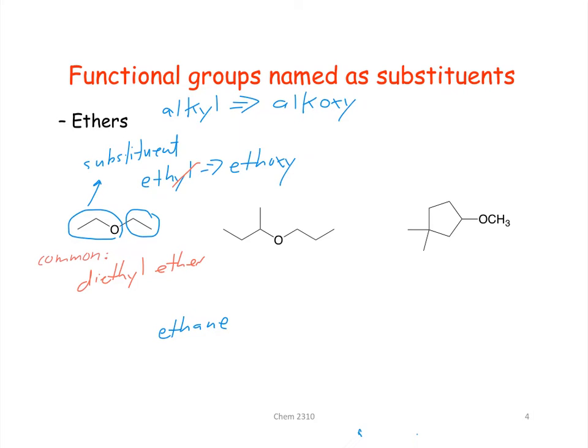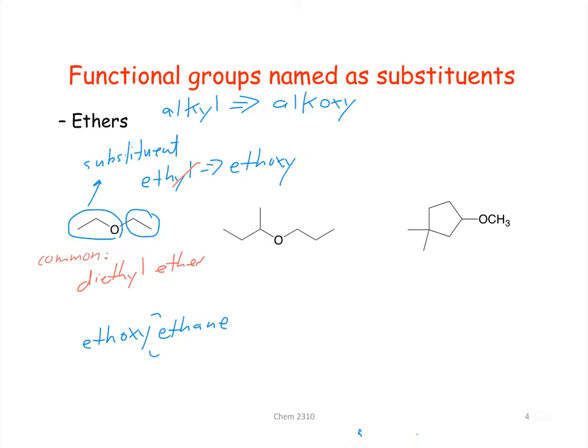So it could be a methoxy, ethoxy, butoxy, something like that. All right, so this one is going to be an ethoxy. And since ethane only has 2 carbons, the ethoxy has to be at position 1 because we're going to number it that way. So this is just ethoxyethane. That should be all one word.